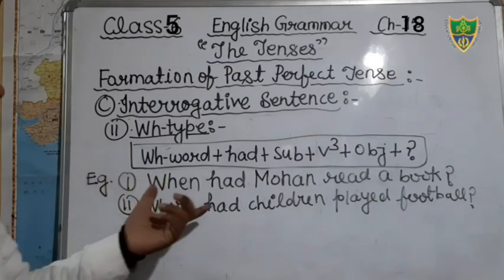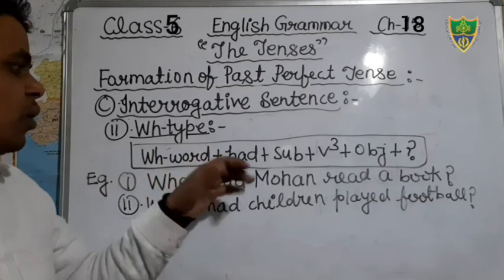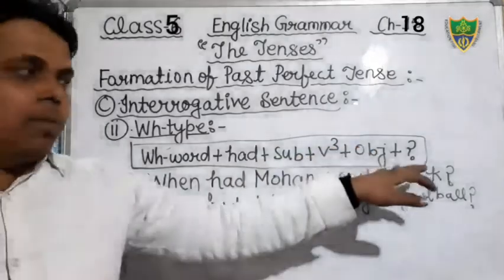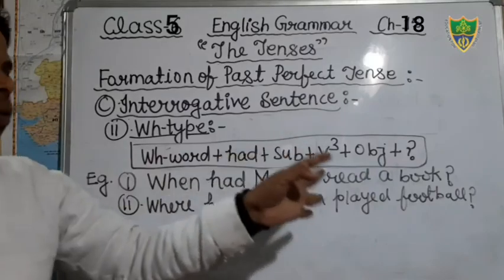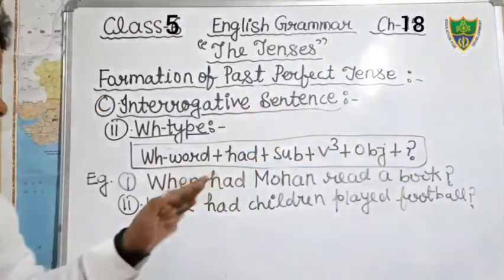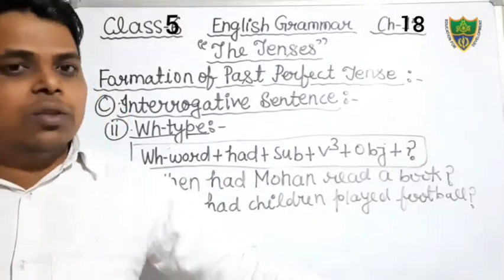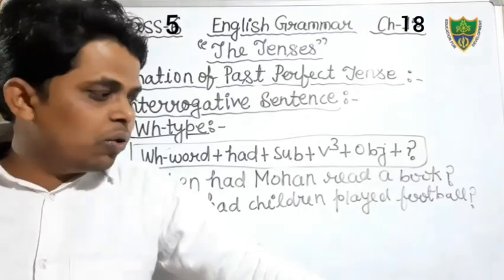So we can form sentences on the basis of it. You can see the WH word, helping verb had, subject, third form of the verb, object, then the question mark. You can see the sentences: when had Mohan read a book? Where had children played football? So these are the two sentences that you have to write in your notebook.